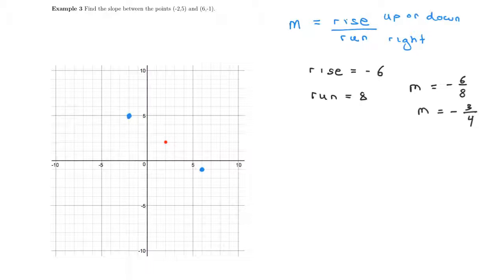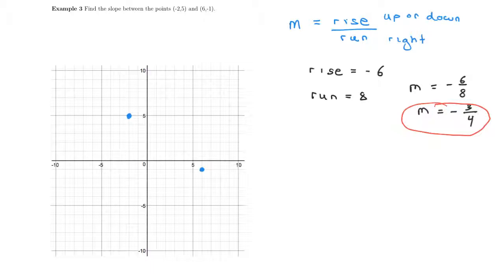If I was to repeat this process again, 1, 2, 3, 1, 2, 3, 4, we still travel between these 2 points, but both of those numbers do represent the slope of the line through those points. So that's really it for this question. Once you get this value here, that's the answer.